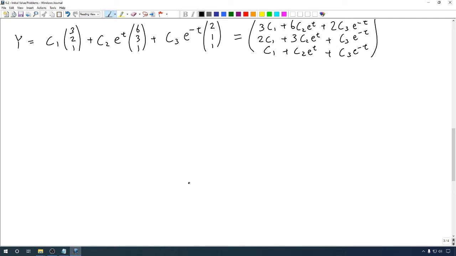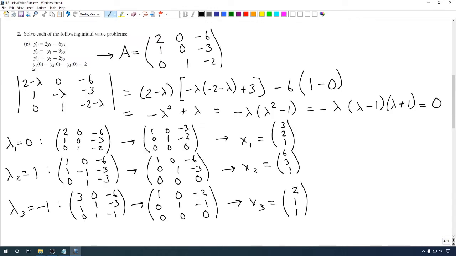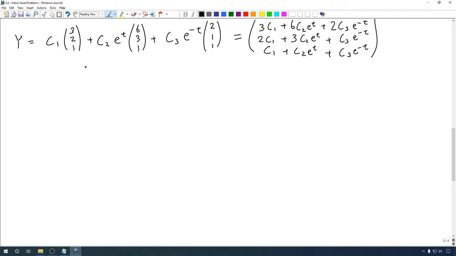Now, what are we going to do with this? Well, remember, we need to apply our initial condition. Our initial condition is that when we plug in 0 for t, all these functions equal 2. So let's plug in 0 for our t's.